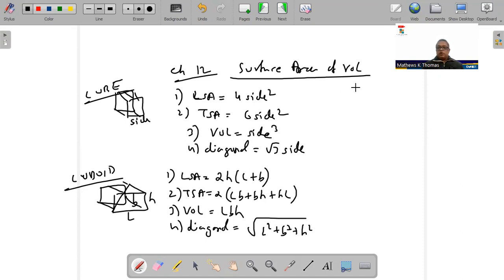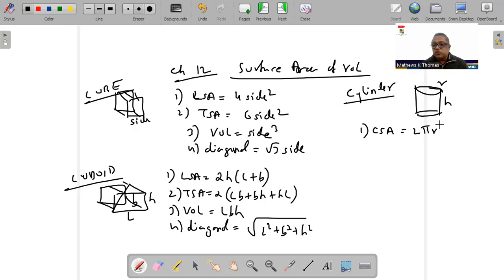After cube and cuboid, the next figure is the cylinder. We have curved surface area. This is curved, so we use curved surface area; for cube and cuboid we use lateral, since their surfaces are not curved. Curved surface area is 2 pi RH for a cylinder.